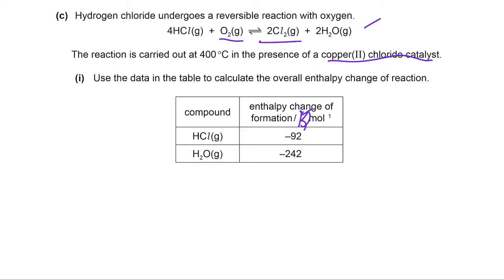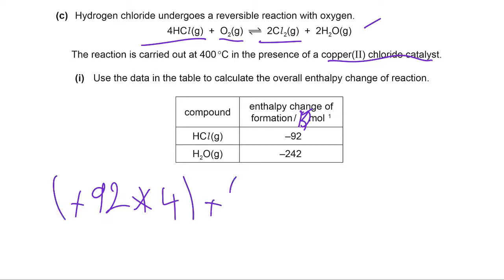Now you have to ask yourself, these formation values should be on the product side, but HCl, where is it located? In the reactant side. So you will take this value negative, so it will be positive 92, times the number of moles, which is 4, plus H2O, where is it? In the product side, that means it's formed.